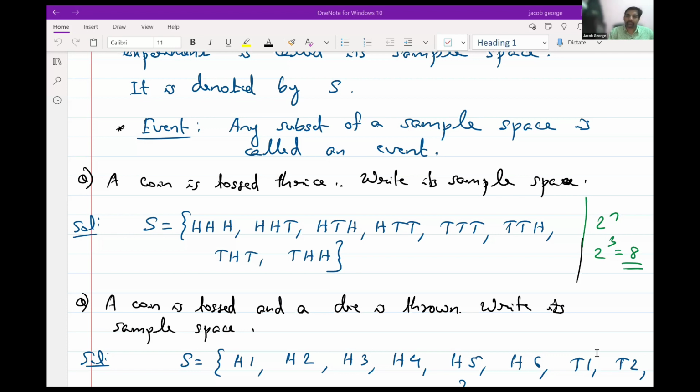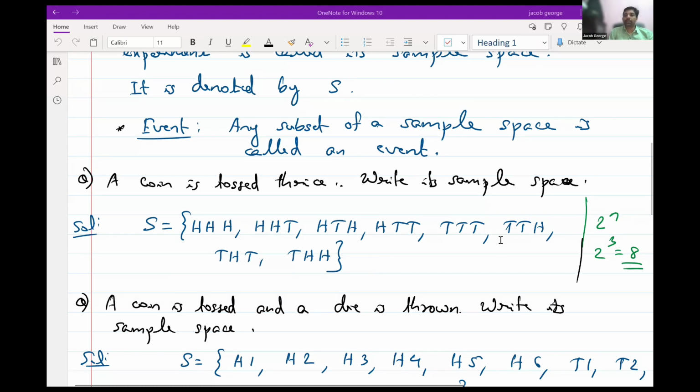So we list these 8 outcomes like this: 4 starting with H, HHH, HHT, HTH, HTT, and 4 starting with T, TTT, TTH, THT, THH. Total 8 outcomes.